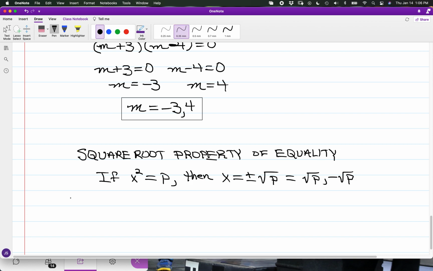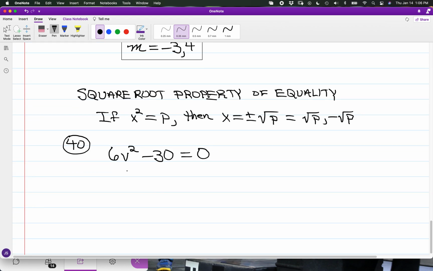Now, for number 40, we are solving for the variable v, where we have 6v squared minus 30 is equal to 0. If we were to use the square root property of equality, you can divide by 6, factor out 6, or we can just separate the terms. We'll just separate at the start.